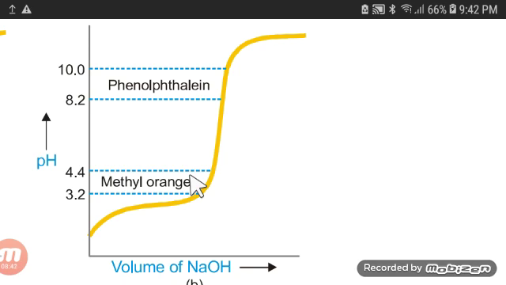So methyl orange is not suitable for this weak acid and strong base titration. Only phenolphthalein is a suitable indicator for it.